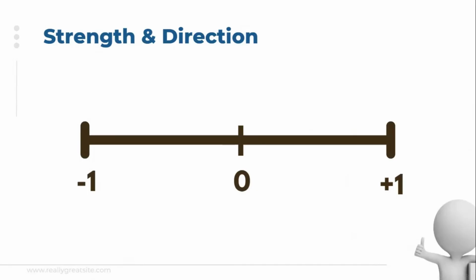So if we get a correlation coefficient of +1, then it means that it is perfect. For example, for every hour that you study, it can result in maybe 10 marks that you will get in your examination paper. Okay, so that is what they call +1.